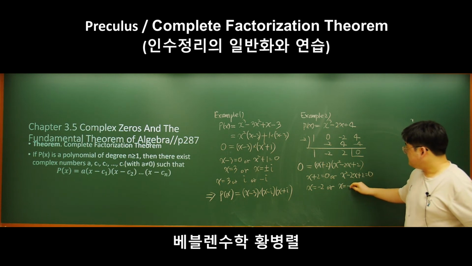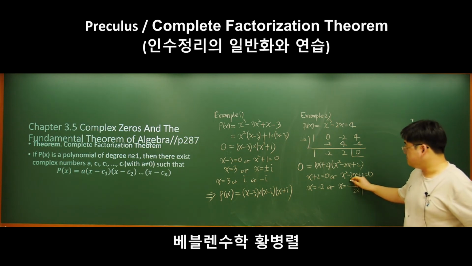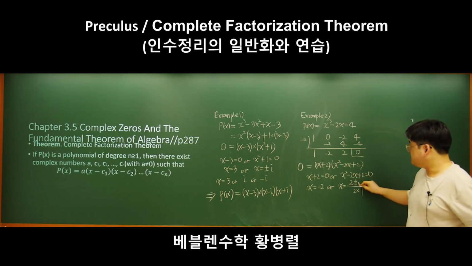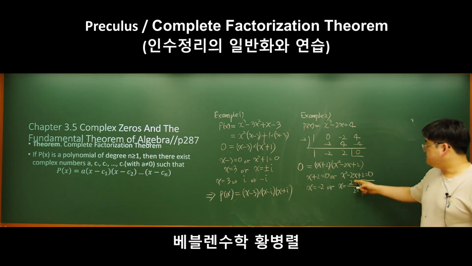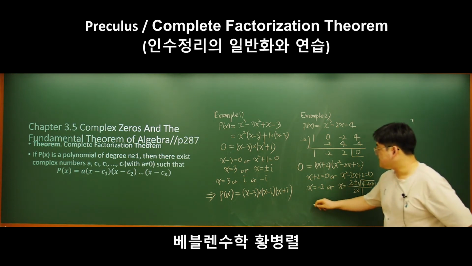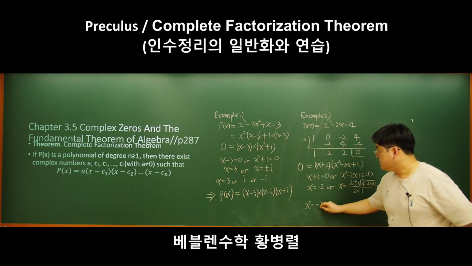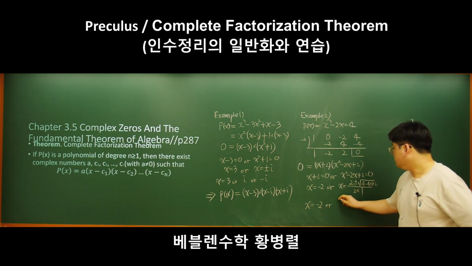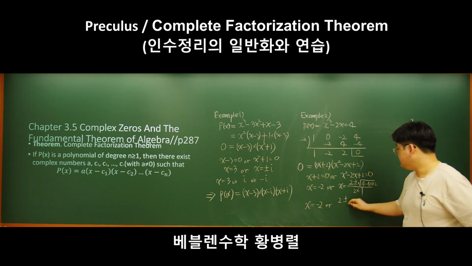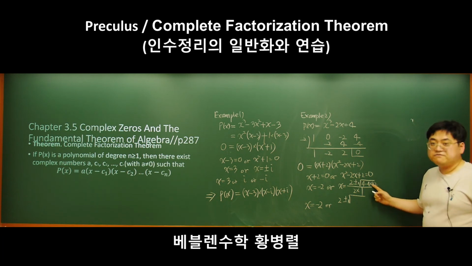X is negative of the linear coefficient, positive 2, plus or minus the square root of 4 minus 4 times 1 times 2, all over 2 times the leading coefficient. Then 4 minus 8 is negative 4.